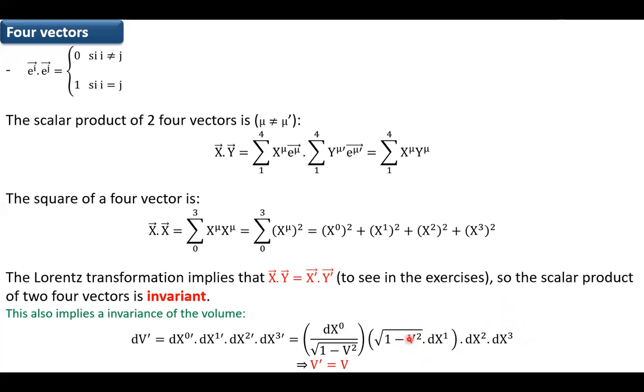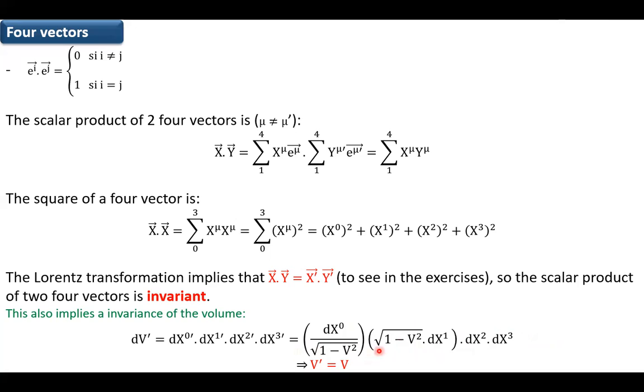So x2 and x3 will remain the same. So you see that you have a radical here and the radical here as the denominator. So you make a simple simplification, you reduce this radical, and you end up with dx0 times dx1 times dx2 times dx3, which is equal to dV, the same volume in the frame R.